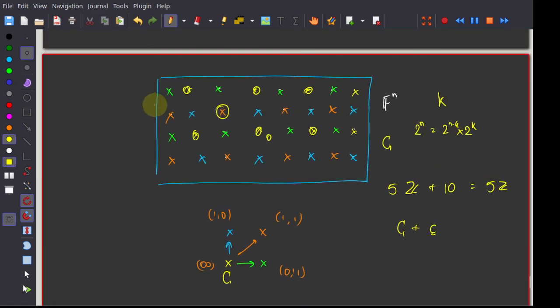That basically corresponds to the ones which have the same coset.